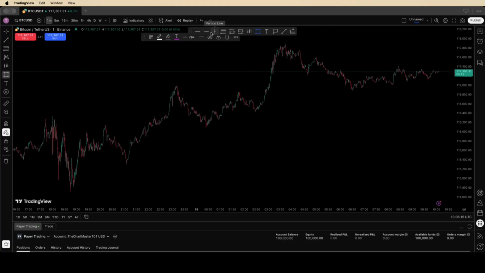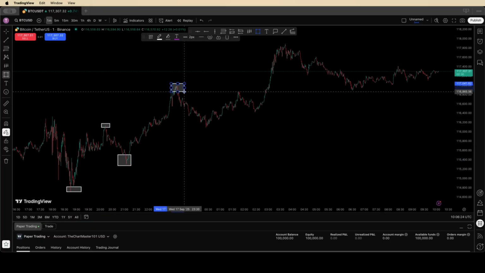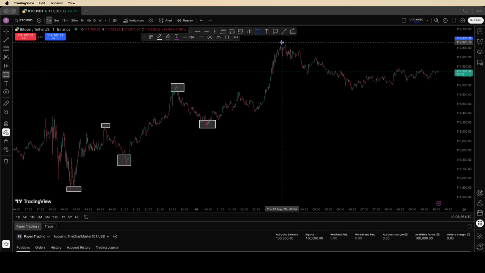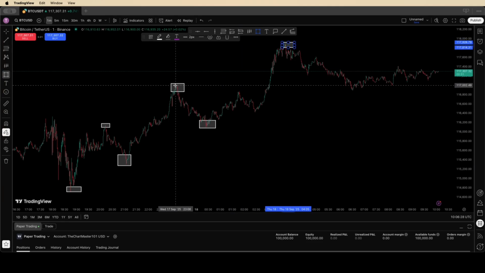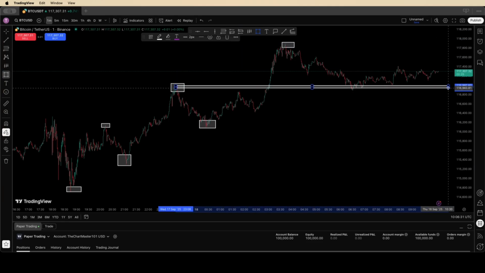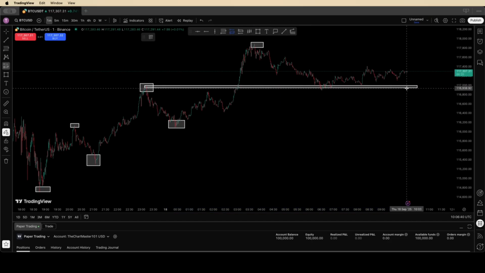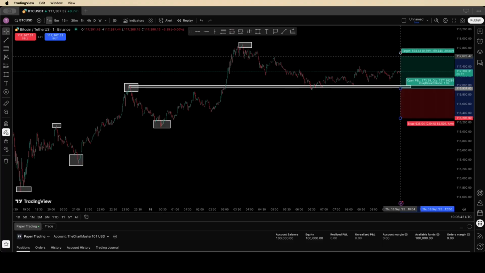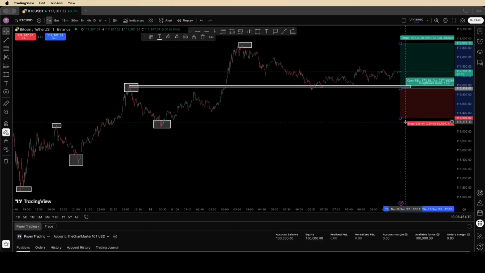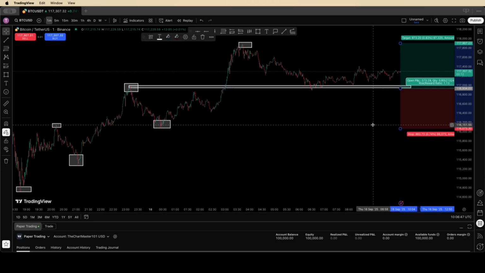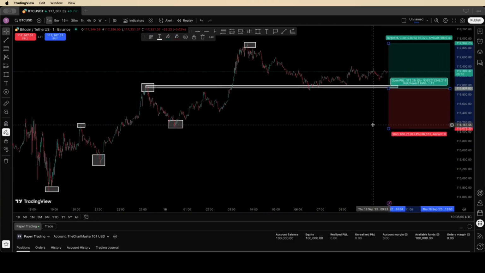Try to find, okay, at this point this is your low, this is your high, and then this is your higher low, and higher high, higher low, and then higher high, and then you mark, okay, at this point it broke significantly, so if the market drops back again, I would buy. And then let's say you buy here, and your take profit is this high, and your stop loss is just below here, 1 to 1. Okay, let it see what happens.